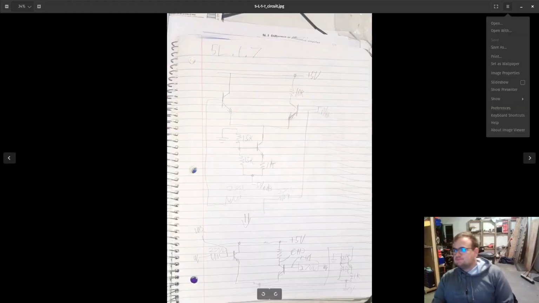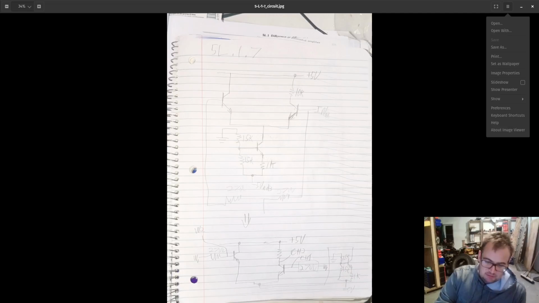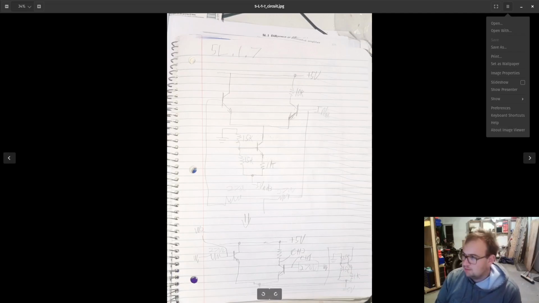Okay, so I'm here to explain the changes that happened moving from the last one we were doing, which was basically the differential amplifier, to the 5L.1.7 circuit. Stage 1 increased the gain of the bipolar differential amplifier. First circuit change to maximize gain: remove the 100 ohm emitter resistors. So right there, remove them.